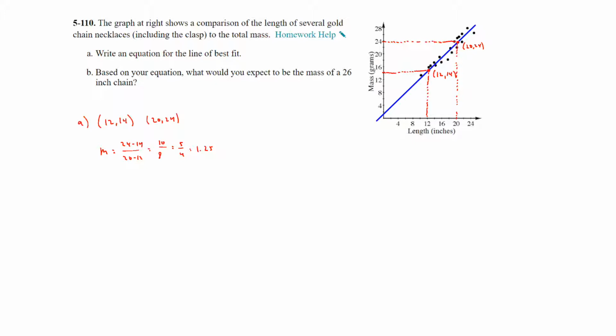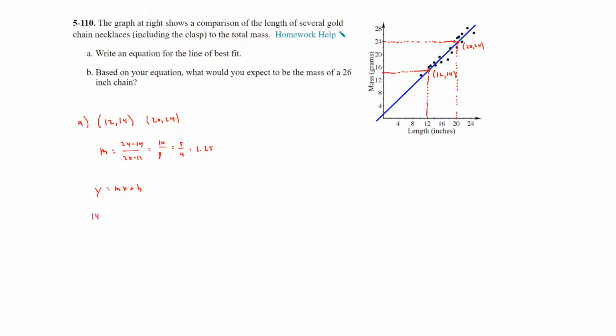So it looks like our slope is 1.25. And the y-intercept, it didn't actually cross the y-axis at 0. So I'm going to have to use the information given in one of my points and my slope to write the y-intercept. So I'll go ahead and use the first point with a slope of 1.25.